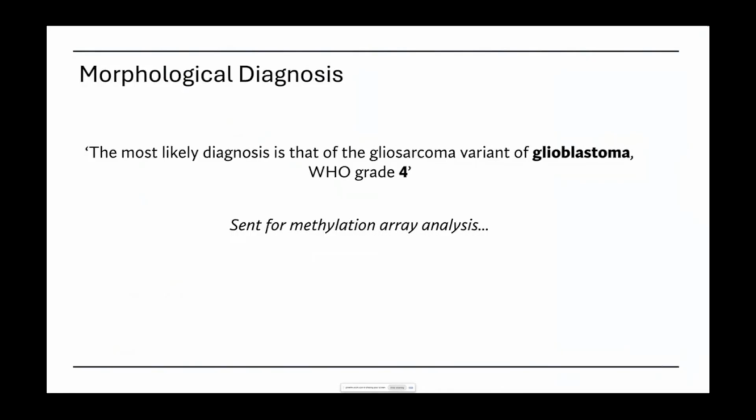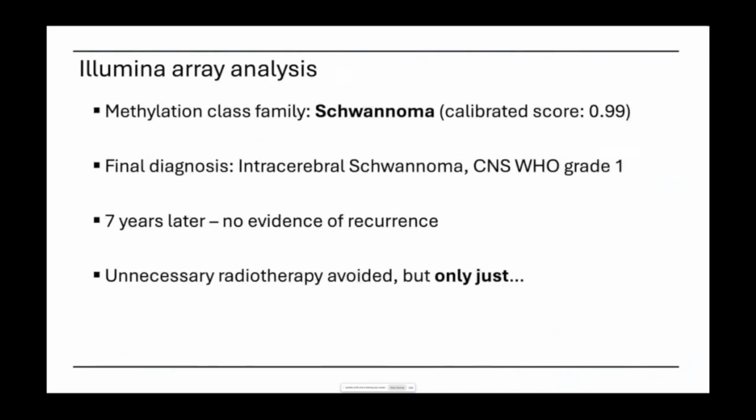But there was something about this diagnosis that didn't sit comfortably with Simon. And so at the time, this is 2017, this was before the array paper had been published, but obviously the community was well aware of what the methylation data could tell us. And so he sent that sample for methylation array analysis. And the conclusion of that was actually that this patient did not have the glioblastoma type that was suspected, but actually had a schwannoma.